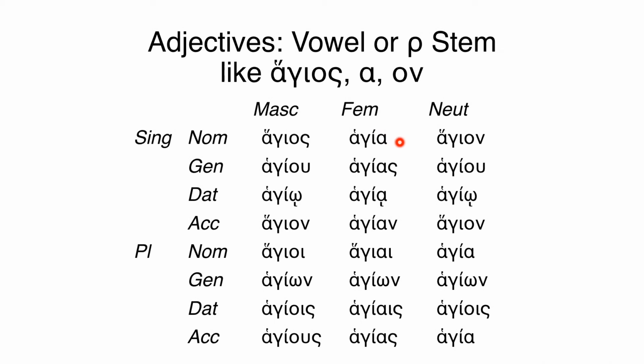So we have hagia, hagias, hagia, hagian, hagie, hagion, hagies, hagias. These endings are again familiar from the form hora. And then finally, the neuter column is as we have seen already. Hagion, the endings are the same as ergon, and we know those too.